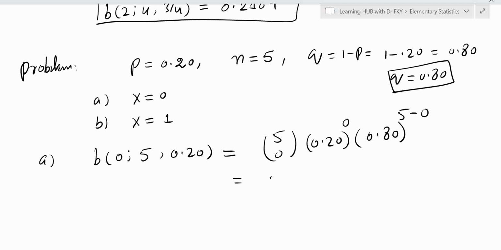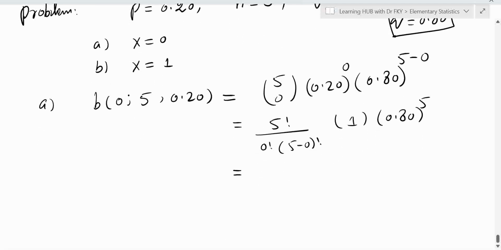So this is equal to 5 factorial divided by 0 factorial and 5 minus 0 factorial. This is 1, everything to the power 0 is equal to 1, and 0.80 power 5. So this is now simply equal to 5 factorial divided by 5 factorial and 0.80 power 5.